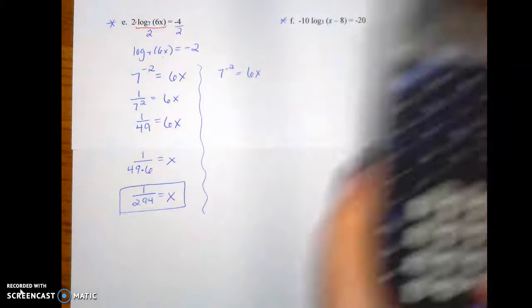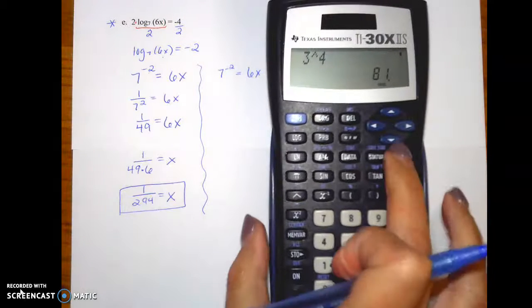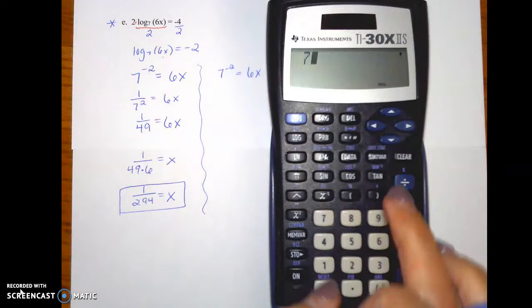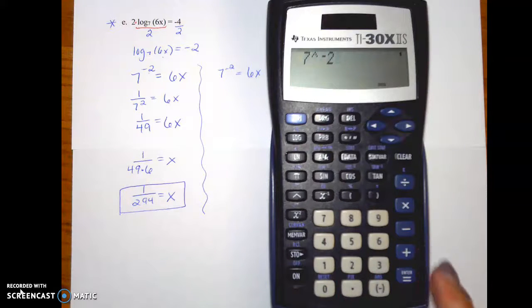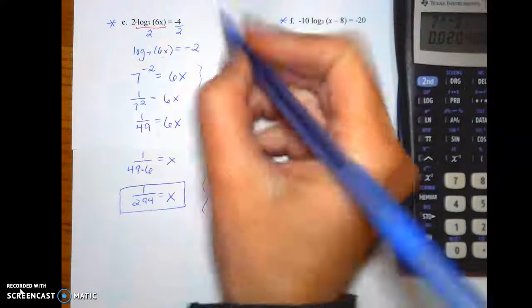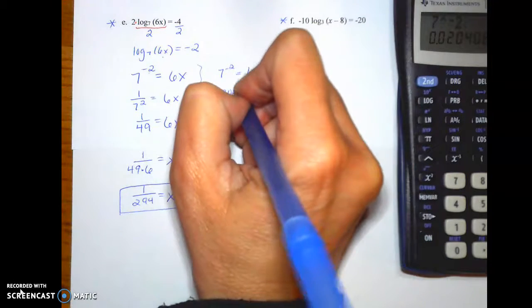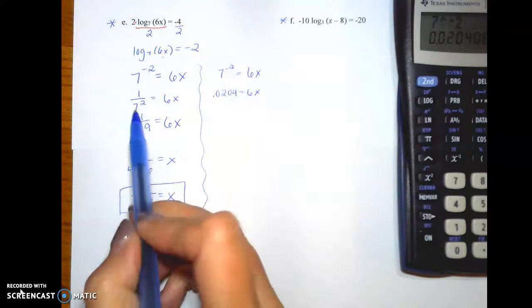You could also, at that point, put 7 to the minus 2 in your calculator and see what that is as a decimal. So 7 raised to the, make sure you use the negative symbol down here, negative 2. And it's 0.0204. Which is what 1 over 49 is.